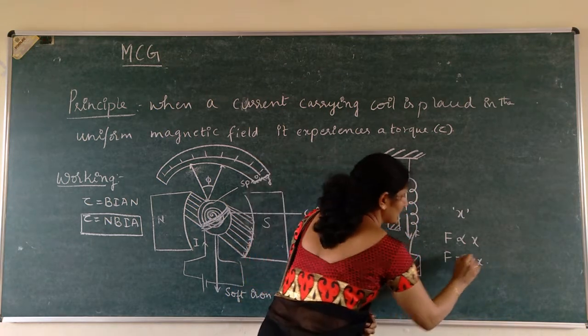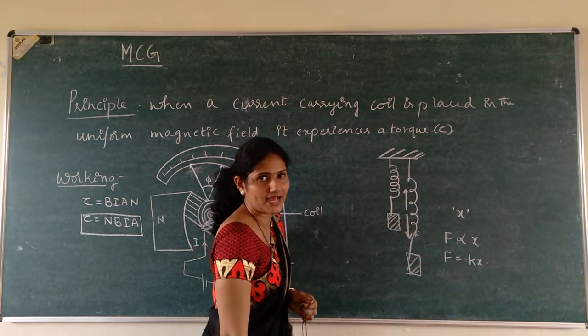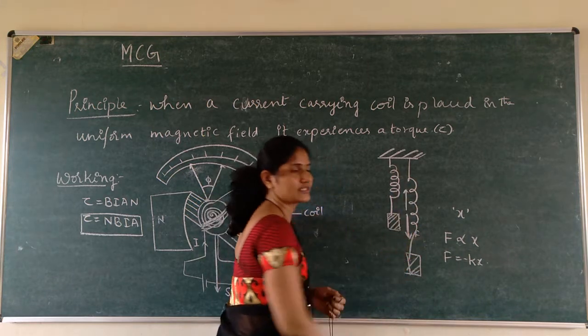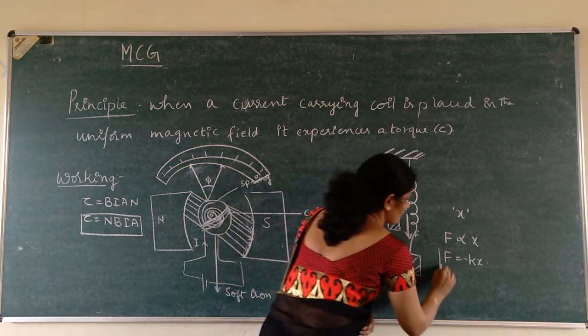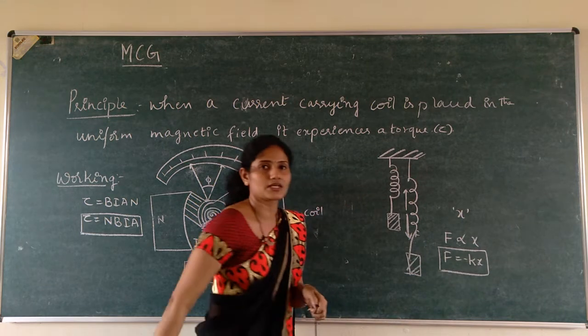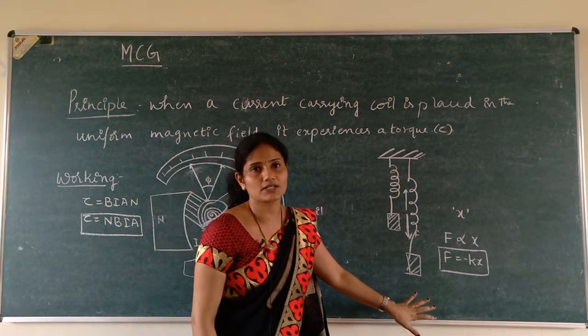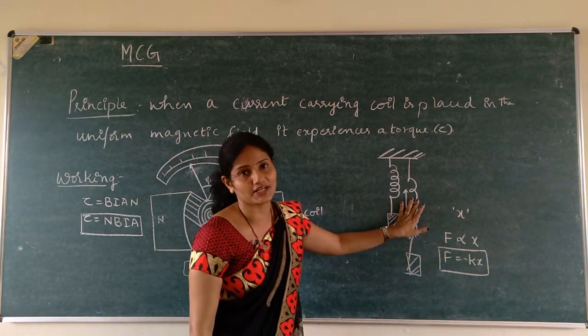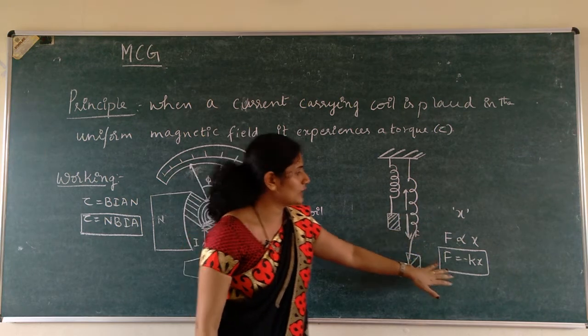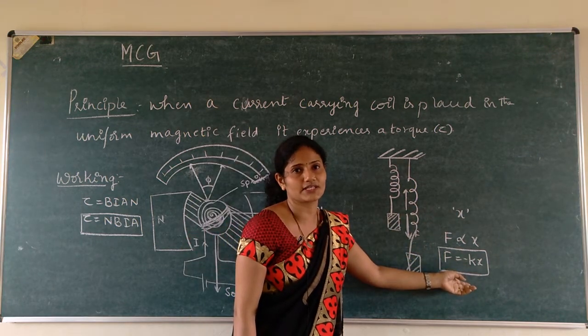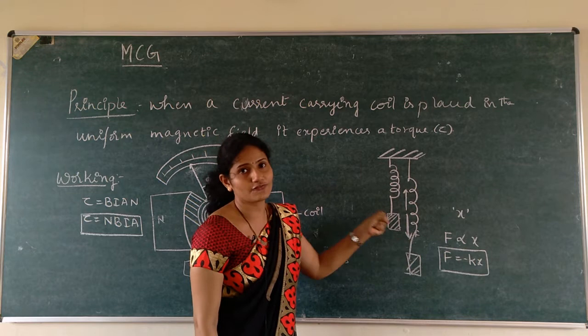Here you have to put one negative sign. Negative sign indicates that x and F are in opposite directions. So, F is equal to minus k x, where k is a constant and it depends on the spring. If k value is large, then we can say that the spring is a stiff spring.